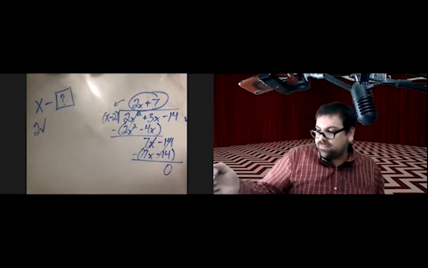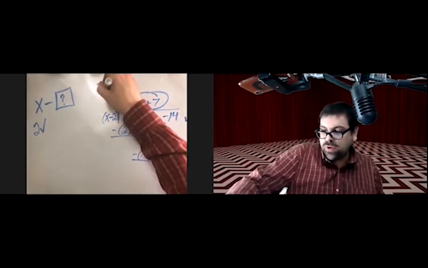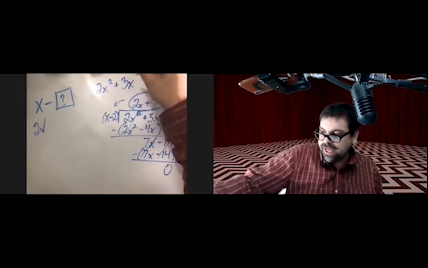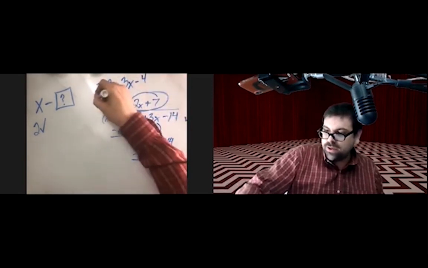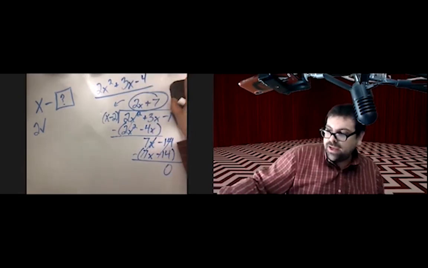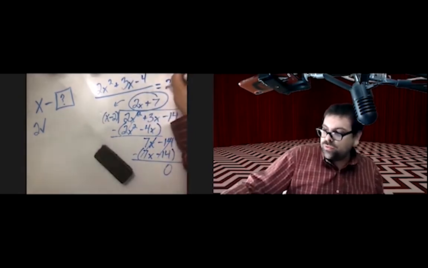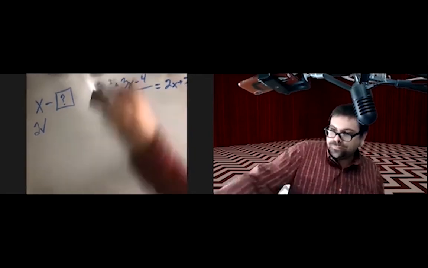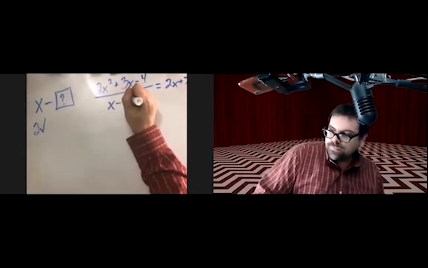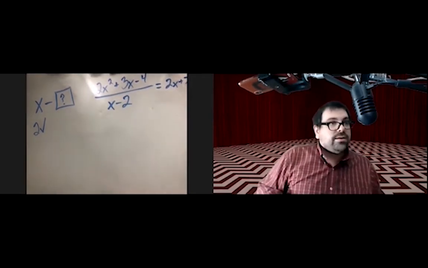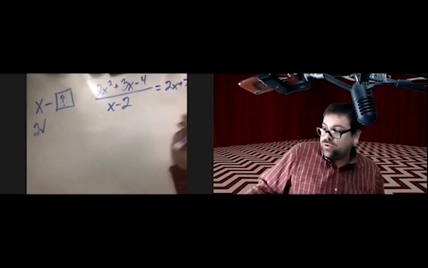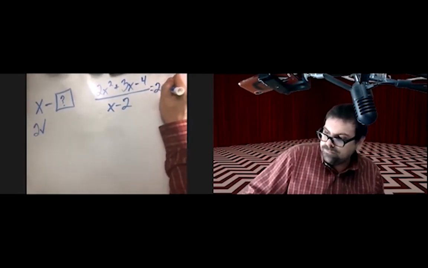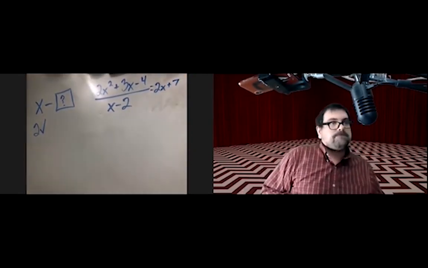So I want to write this problem again. We have 2x squared plus 3x minus 14. We are dividing by x minus 2 and we get 2x plus 7.